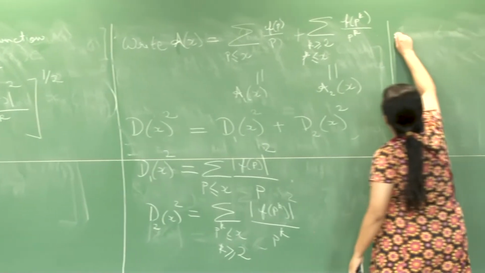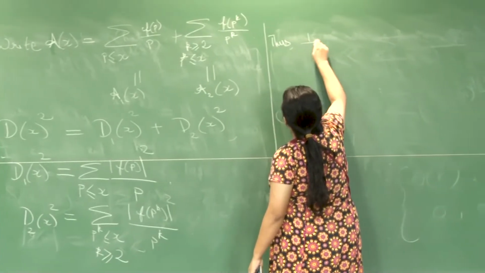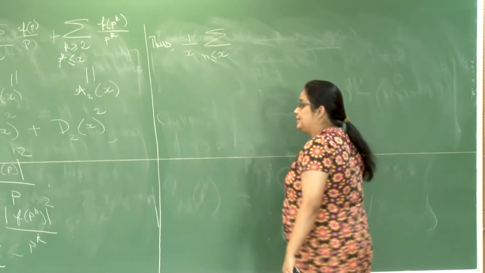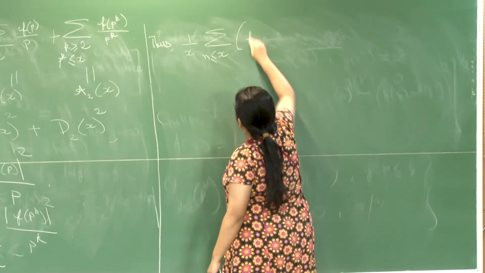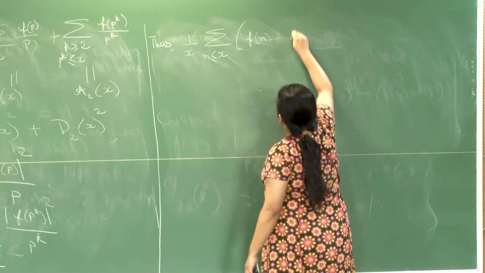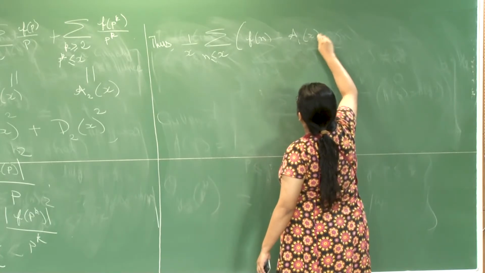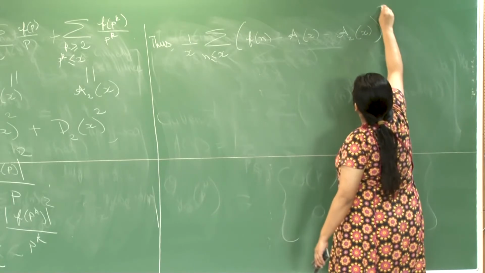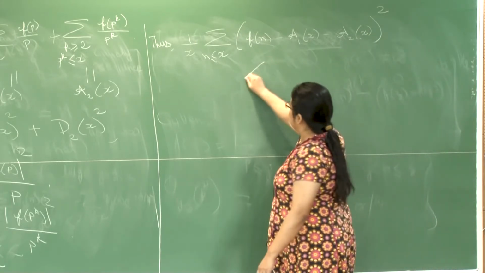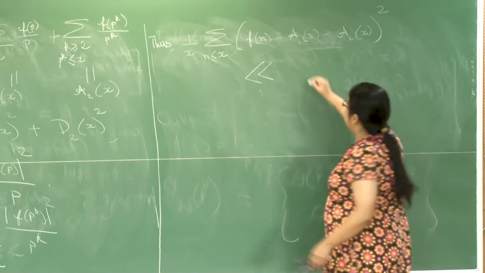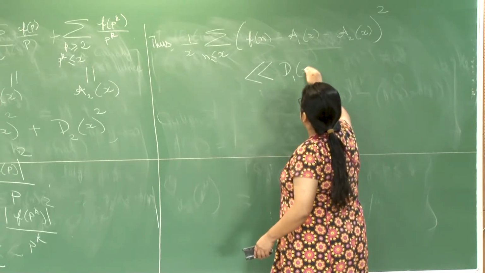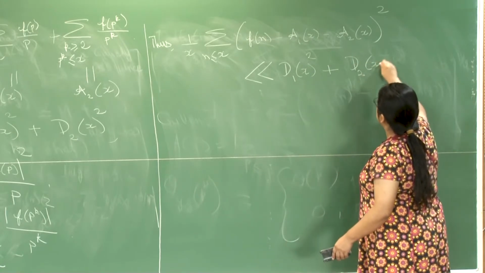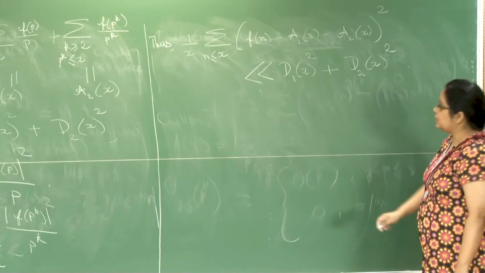We have 1 over x summation n less than or equal to x of f of n minus a1 of x minus a2 of x whole square is less than or equal to d1 of x whole square plus d2 of x whole square, right.